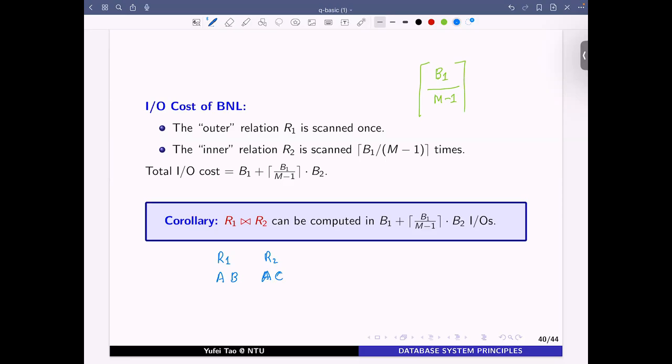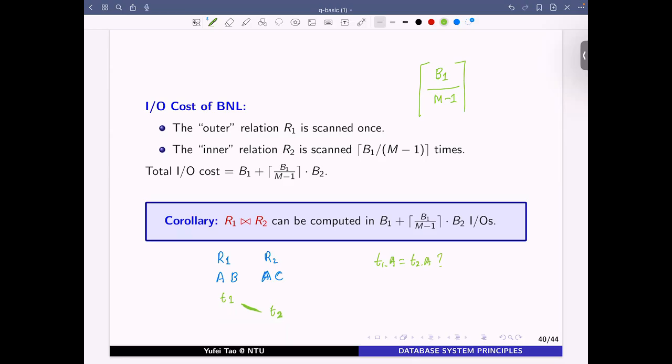So in order to process the natural join, what you can do is, for every tuple T1 in R1, and for every tuple T2 in R2, when they create a handshake, you want to check whether the A value of T1 is equal to the A value of T2 or not, right?